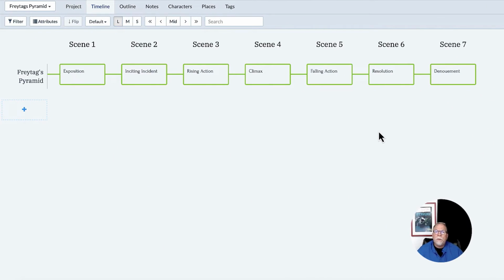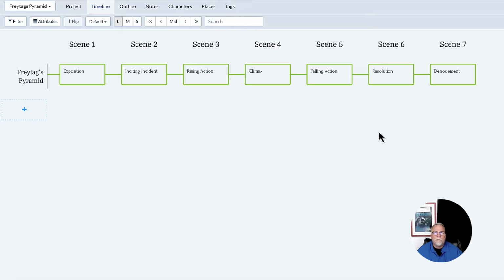Now, who is Freytag's pyramid for, and why would you use it? Well, if you like to start your planning with a simple plot structure and discovery right in between major, or what we call tentpole events, Freytag's pyramid might be perfect for you. It gives you a general roadmap for your story, but it leaves plenty of room for creativity and discovery along the way.